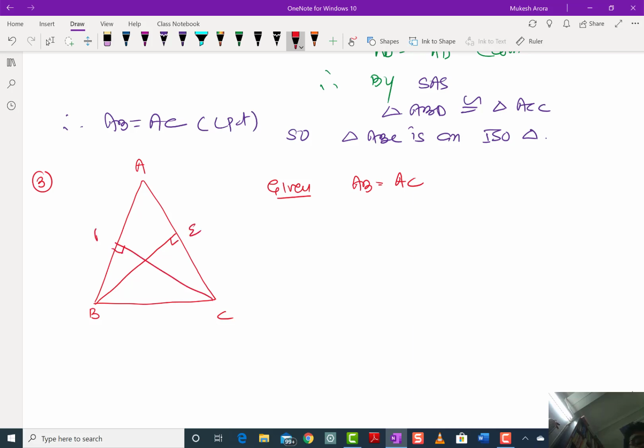BE is perpendicular to AC and CF is perpendicular to AB. Prove that these are equal, that means BE is equal to CF.